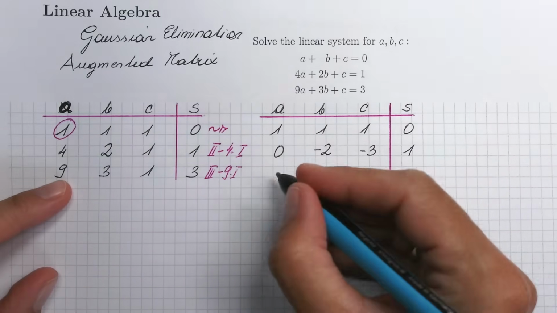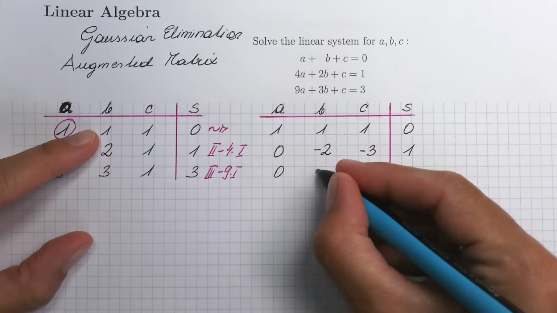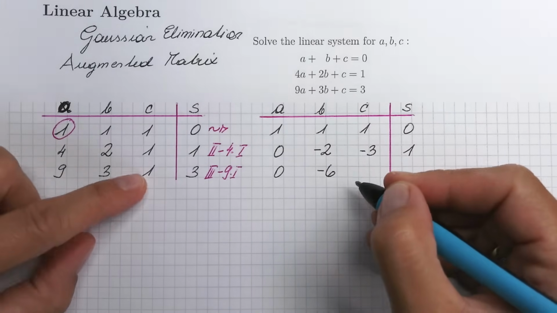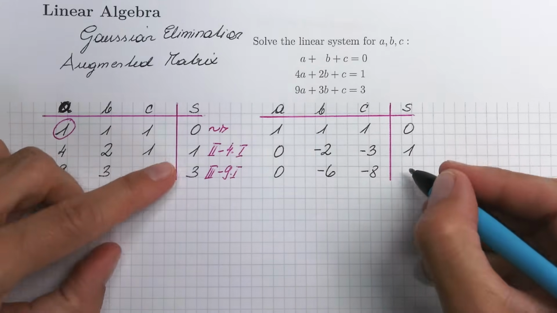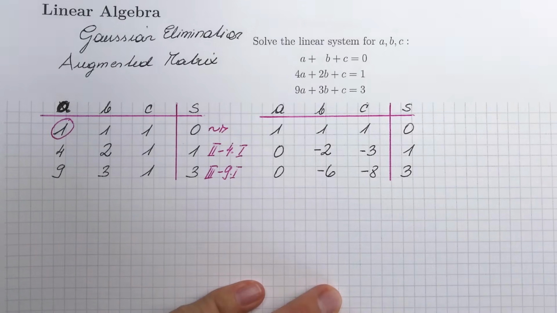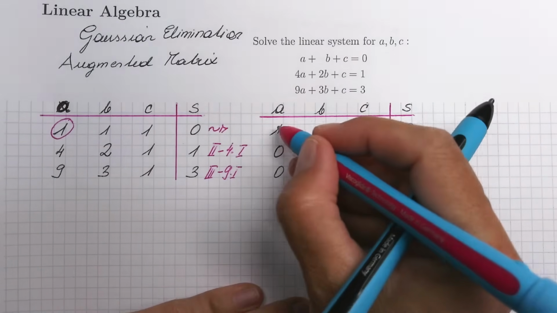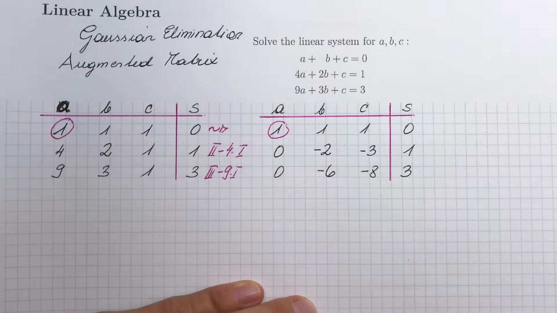And here for the third line, 9 minus 9 is of course 0. 3 minus 9 is minus 6, 1 minus 9 is minus 8, and 3 minus 0 is again 3. Now it looks great, doesn't it? Because now we have 1 and nothing but zeros underneath.